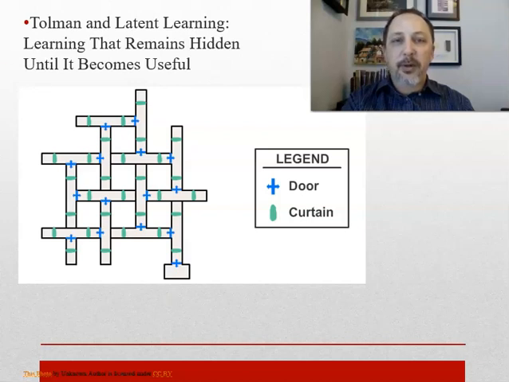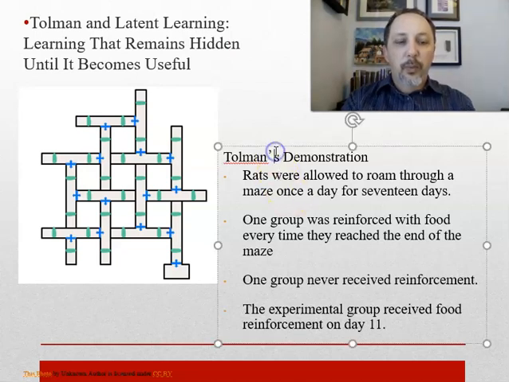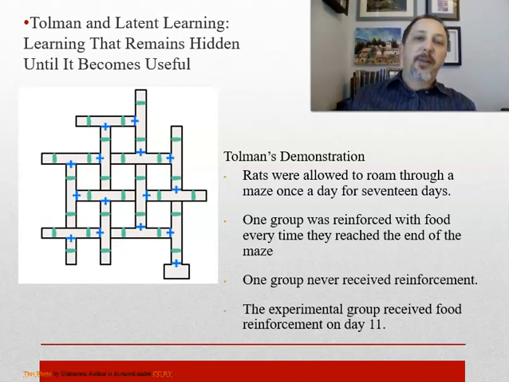So you put the rat in the maze, and it's going to run and try to find its way through until eventually it finds the end. Well, there were three groups of rats. One group, I should say, just roamed through the maze once a day for 17 days.